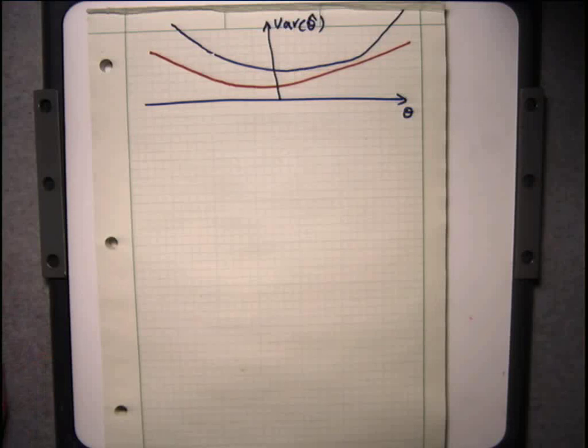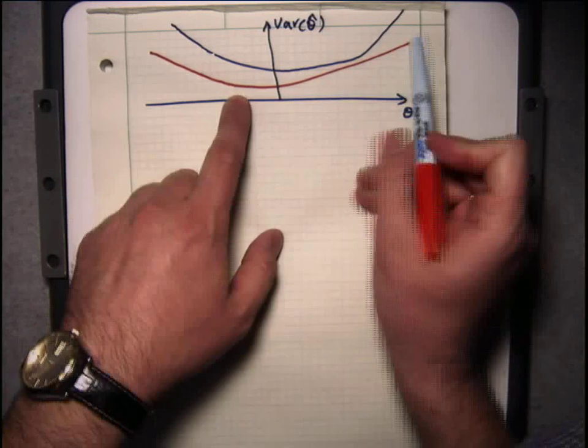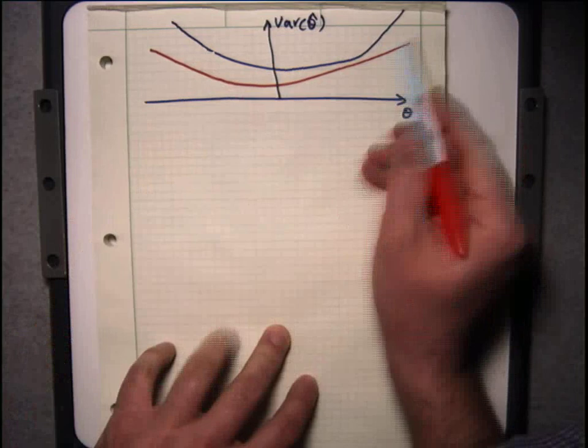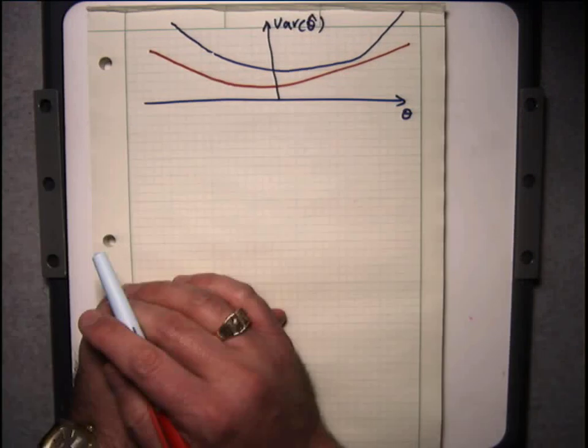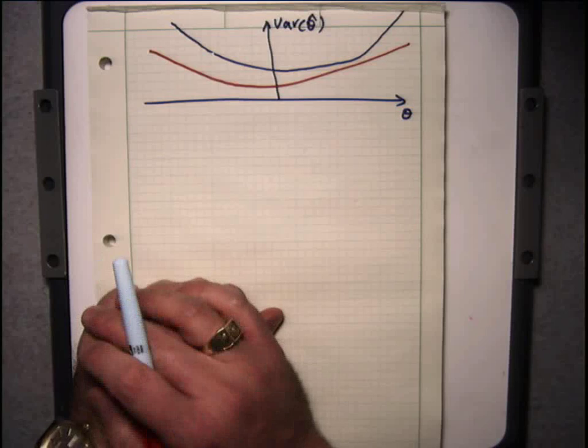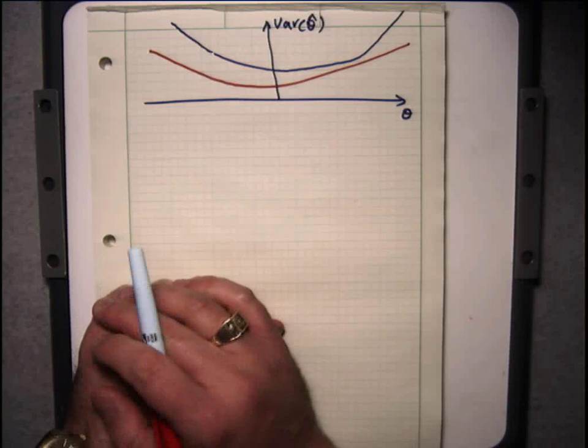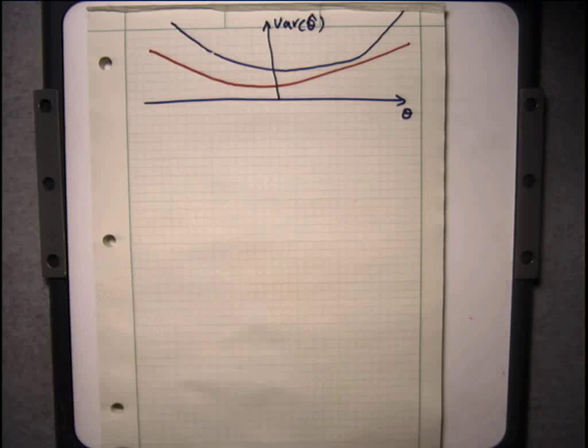Okay. And also, don't necessarily assume that the red curve, as the number of data goes to infinity, is going to hit 0. It may not. There are situations in which, if you have an unbiased estimator, you will never be able to hit variance of 0. It can happen. Okay.